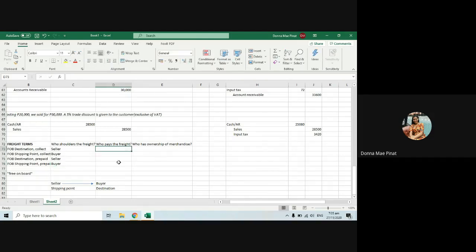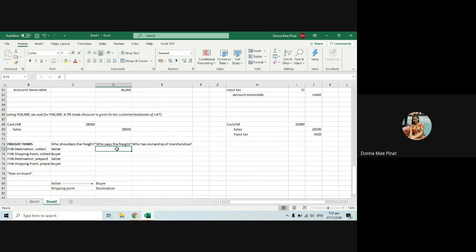Dayon, who pays the freight? Diri na ka magtan-aw sa collect. So, kung collect gali, meaning si courier, example si JRS or LBC, JNT, mokolekta sila kung aha nila i-deliver ang goods.